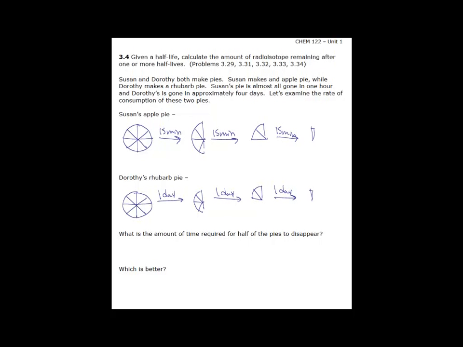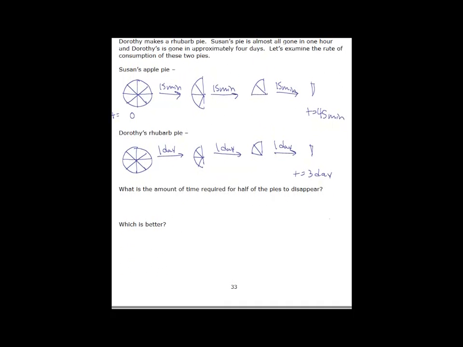So overall, it took 15, 30, 45 minutes roughly for the apple pie that Susan made to disappear, whereas it took about 3 days for the rhubarb pie to disappear. So, which is the better pie? It appears that the apple pie is better, much more popular. It disappears at a faster rate, so the apple pie is better.